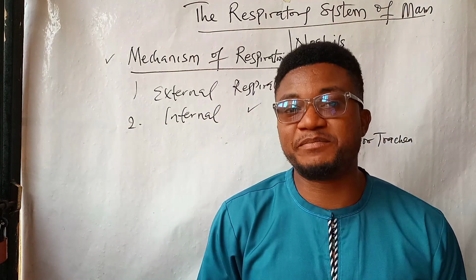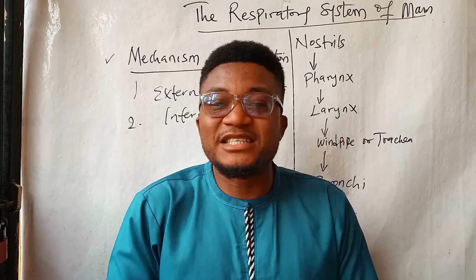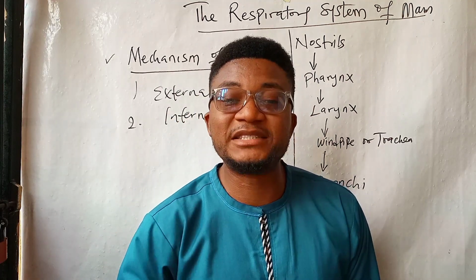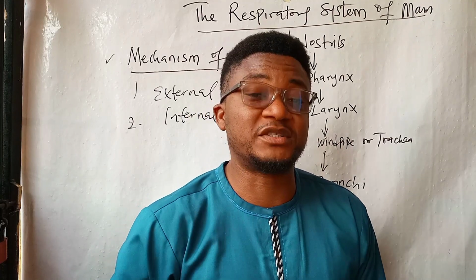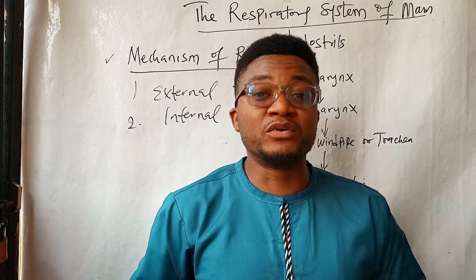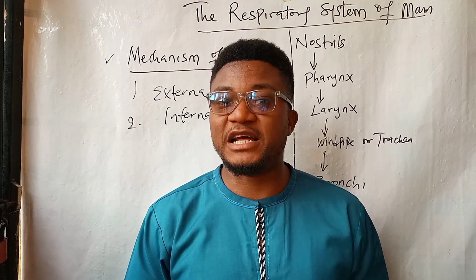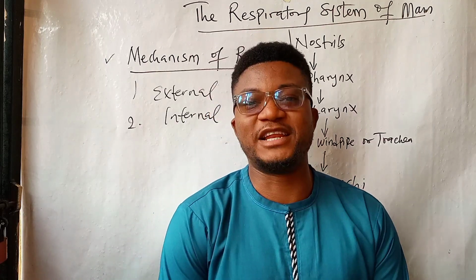External respiration simply means the process of gaseous exchange in man, the process of breathing in air and the process of breathing out air. So when we breathe in the class, let's breathe in again.